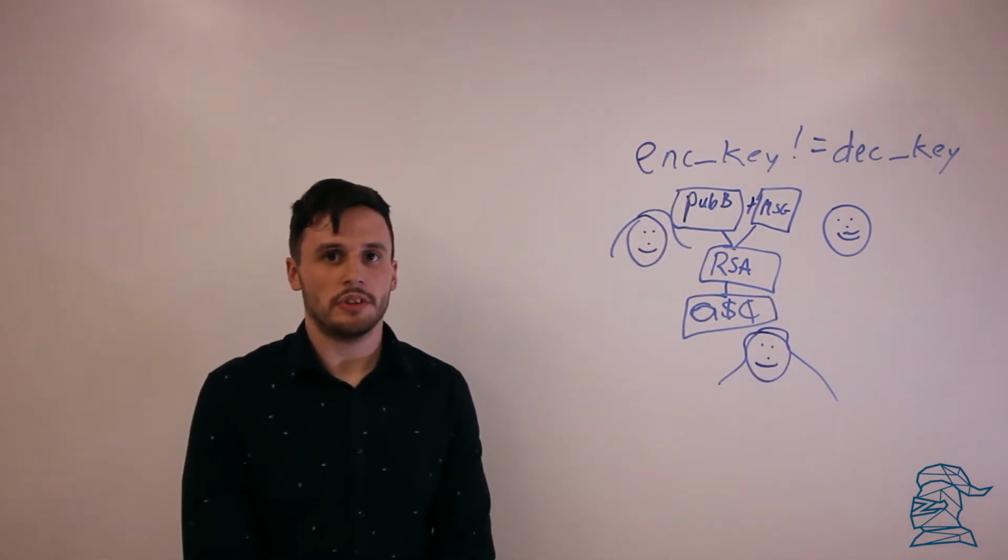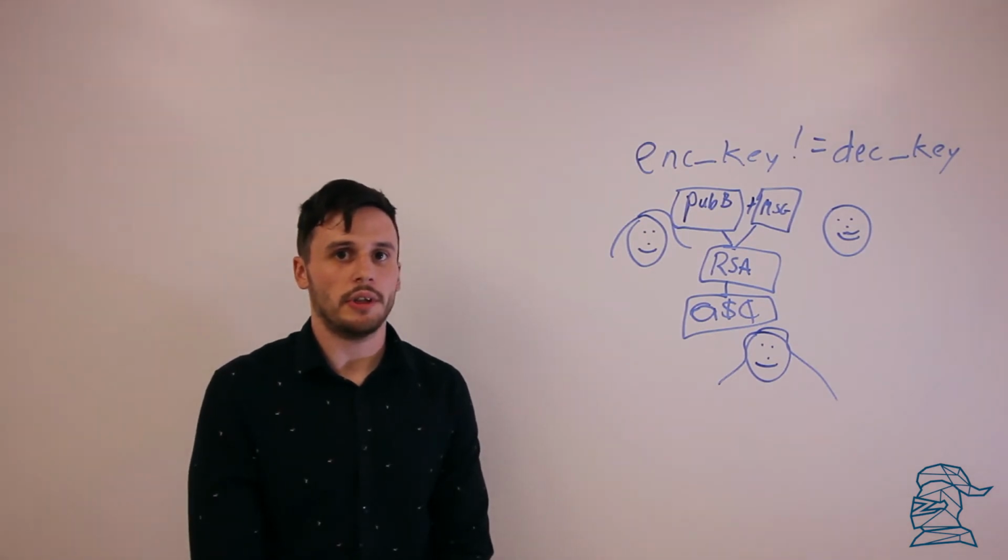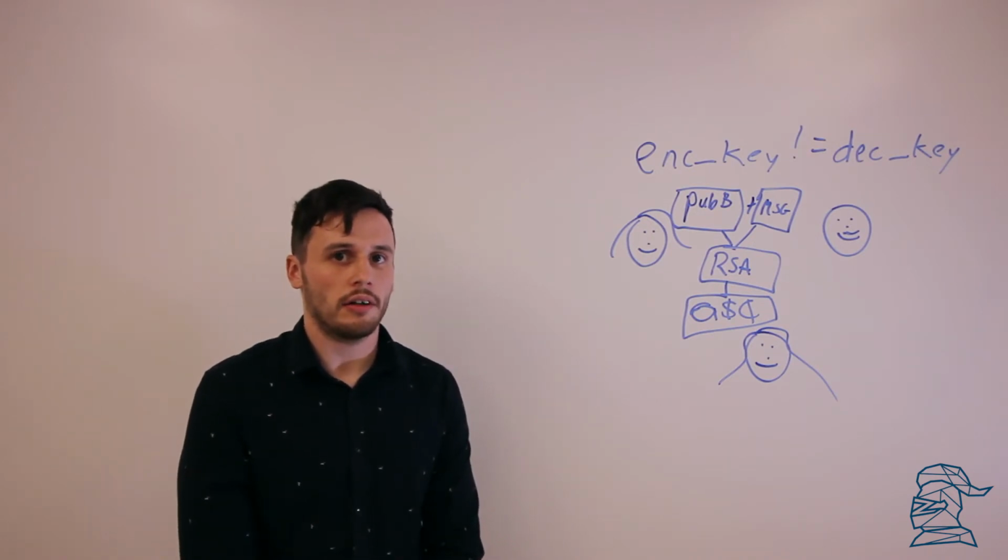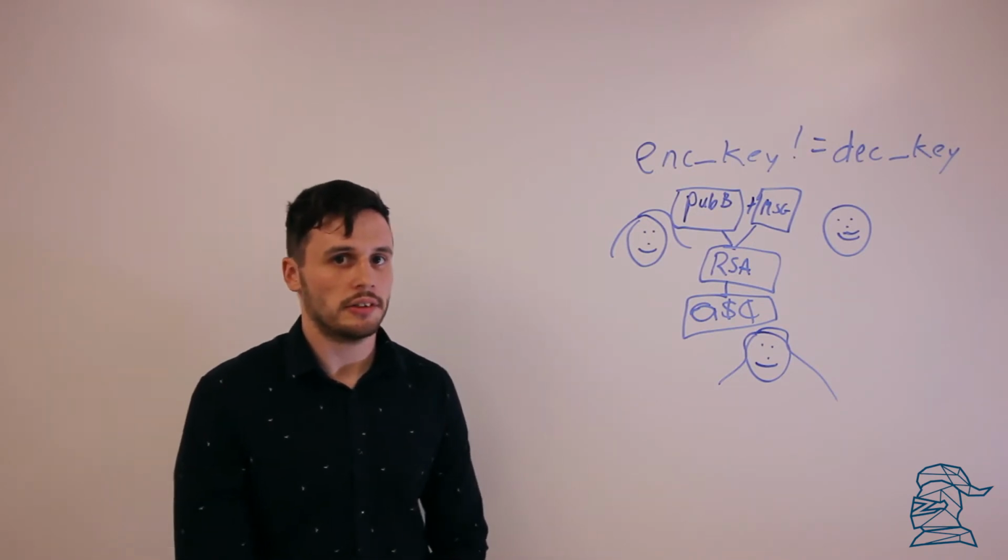When she sends this message to Bob, even if Eve intercepts it, she doesn't have Bob's private key, so she can't understand and decrypt it. Bob, on the other hand, can utilize his private key to understand the message.